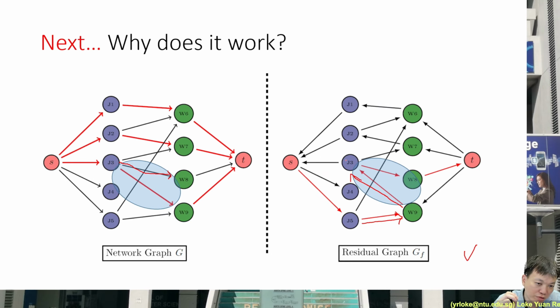It needs to remove the match between J3 and W9, because originally, in the earlier iteration, I already found a match J3 to W9. To get a better result with more matches, I need to change the match from J3 to W9 to J3 to W8, from here to here, because that will give me more.